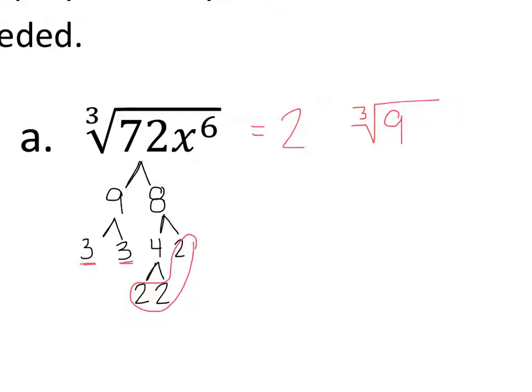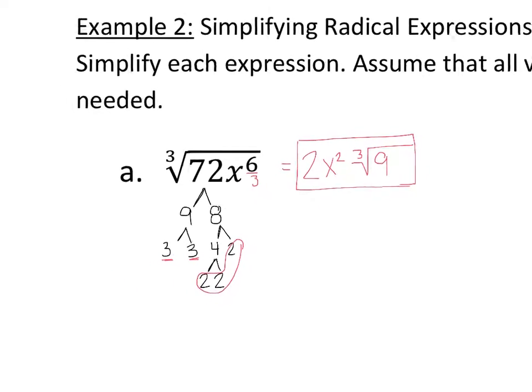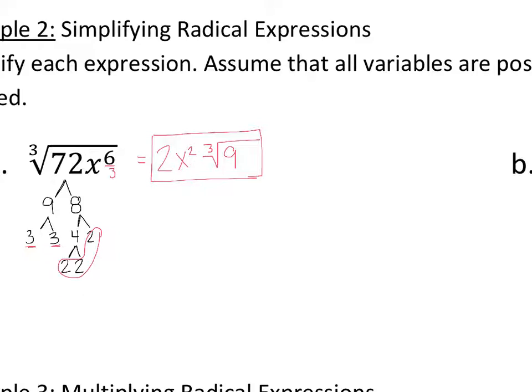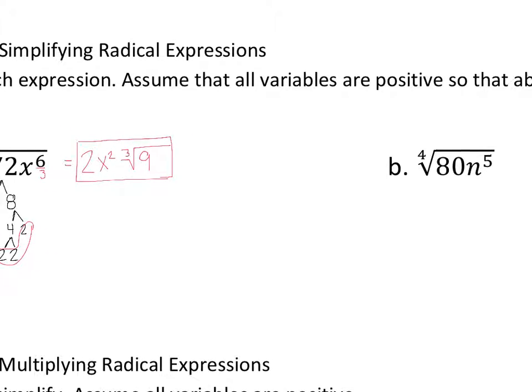Now x to the 6, divide that by your index. So 6 over 3. What does that leave you outside? X squared. So that is your answer. I always forget that you can do that. I kind of like this, actually, simplifying the stuff.